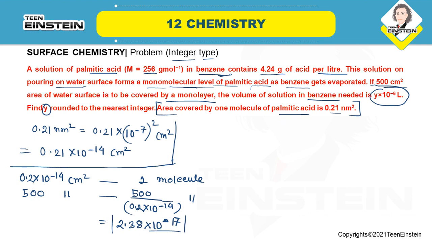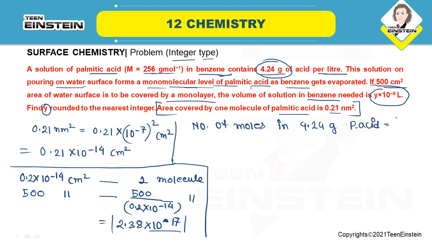Next, we will find out the number of moles in this amount, because molecular weight is given. So the number of moles in 4.24 gram palmitic acid is the given mass 4.24 divided by molar mass, and this is 0.016 moles.